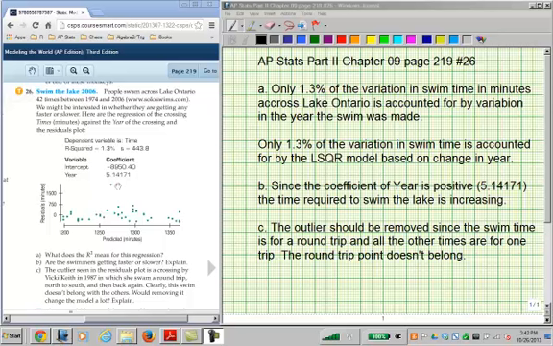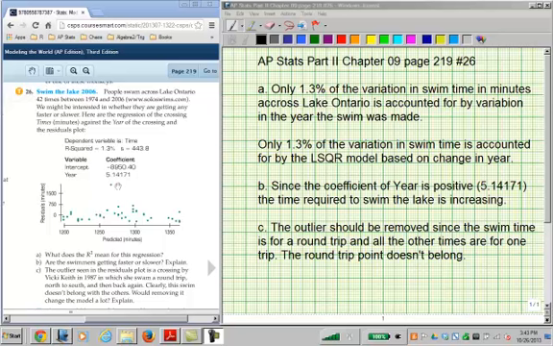Now, before I forget, I want to say something about this residual model. Notice that it's residuals versus predicted.